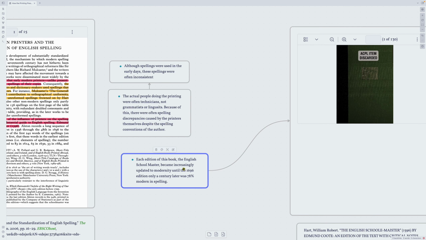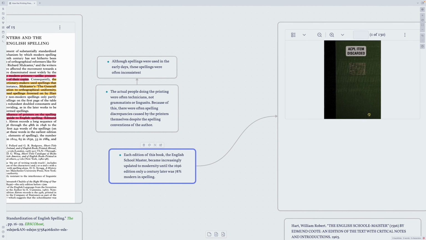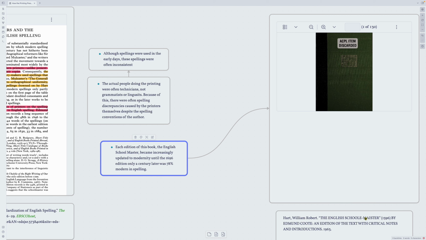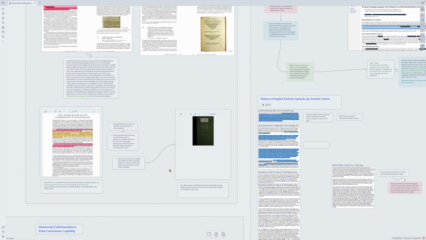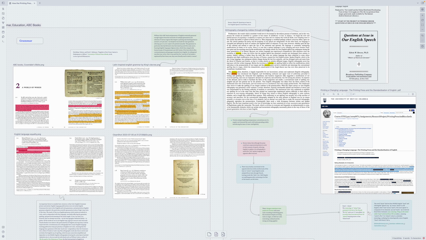And here we can see also the English Schoole-Maister, the edition that I was showing here, it's spelled the English Schoole-Maister, but slowly, from 1596, slowly over the course of about 100 years, only 100 years, it went from what was quite a low percentage of modern spellings to up to almost 80%. So things were iteratively changing very quickly in this time because of the predominance of things like this alphabet book and elementary grammars and things like this.